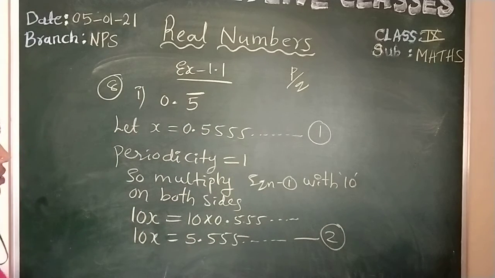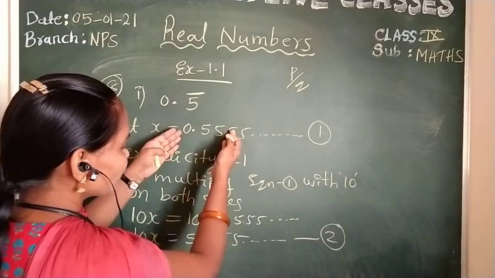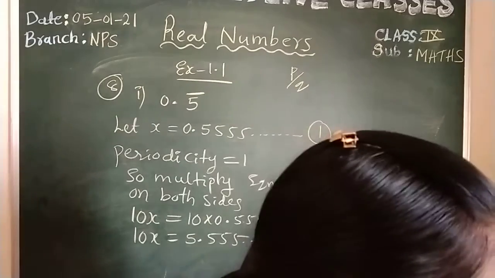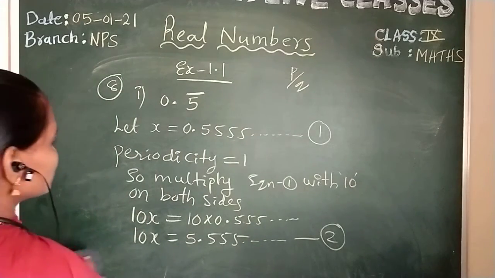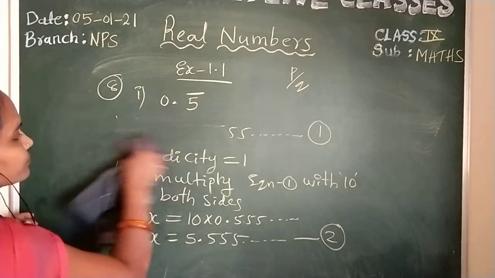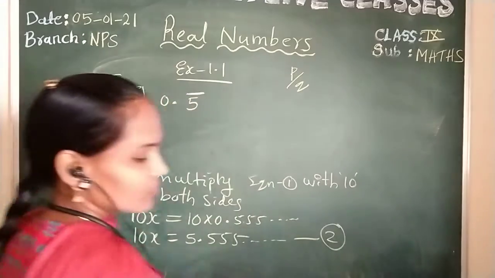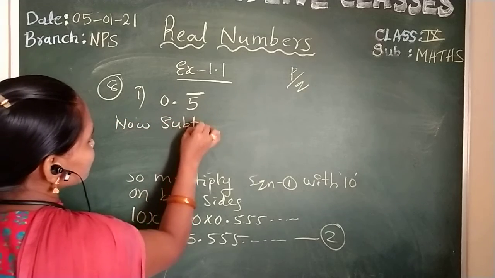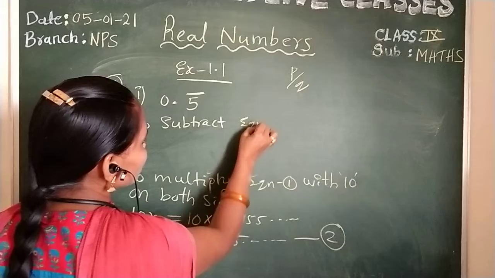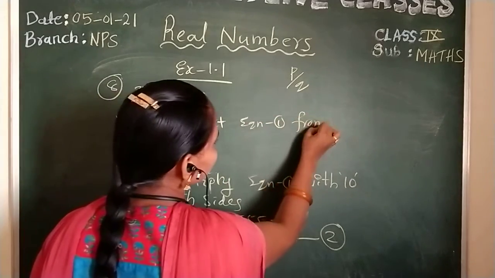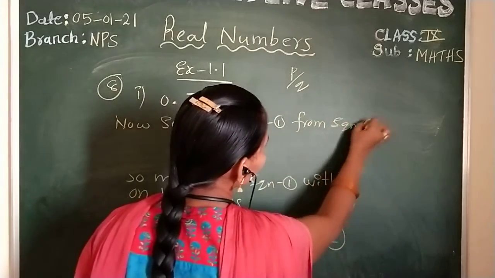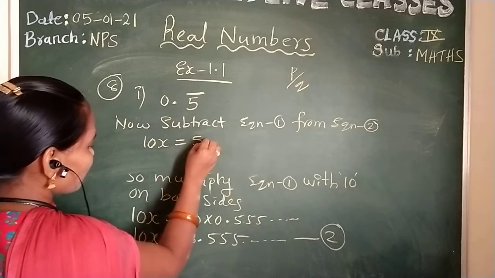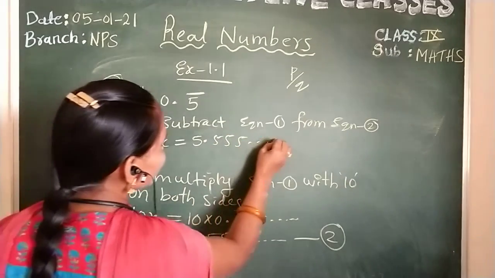Now do one thing. We should subtract equation 1 from equation 2. What will we get? I am writing here. What is equation 2? 10x equals 5.55 and so on.